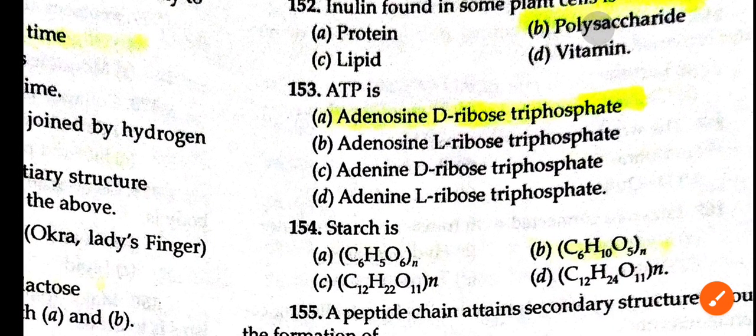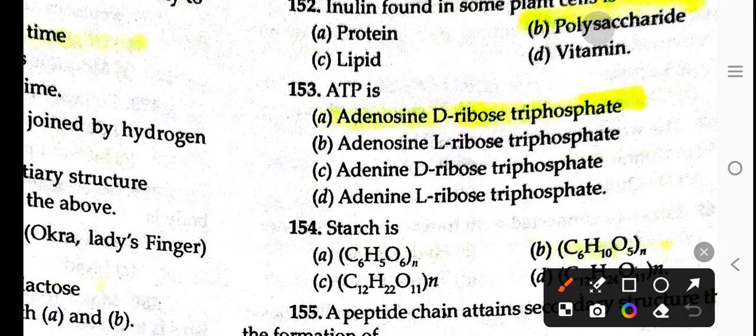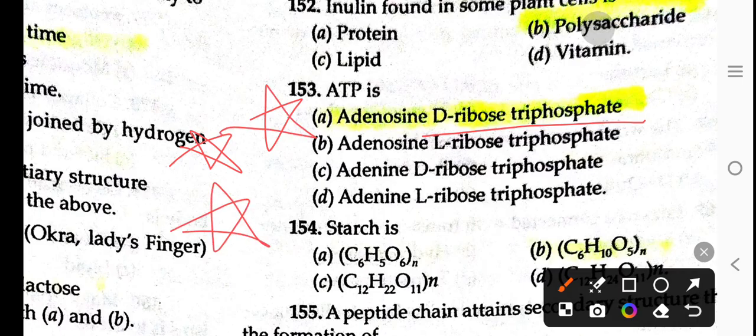ATP is adenosine D-ribose triphosphate. Very important question. ATP, we know about ATP, adenosine triphosphate, but it is a more complex question, that is is it D form or L form? So it is mostly D form, adenosine D-ribose triphosphate.